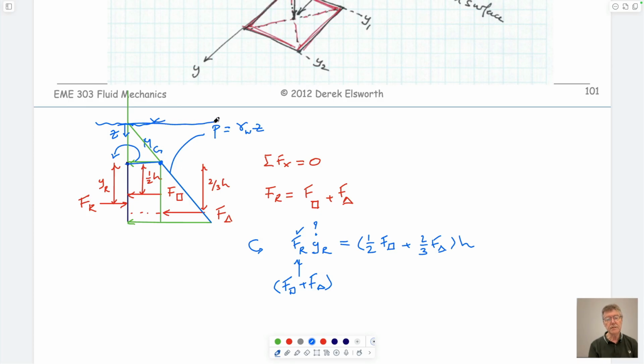So if we wanted to, we could define this as P1, this would be P2, and then P is equal to P0 plus gamma Z. This would be P0, at 0 depth. And the distribution that we'd have on this would be what I'm going to color in here.